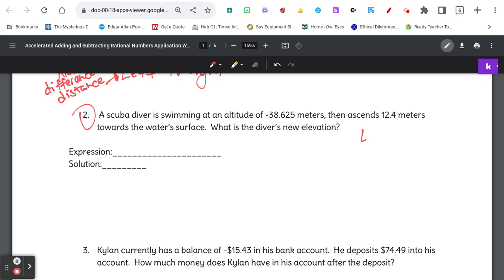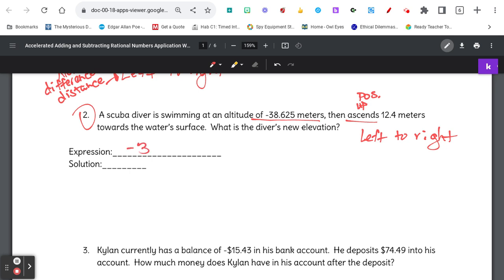So I'm going to write this from left to right. All right. So started off here. Ascends means up, or that this number should be positive.